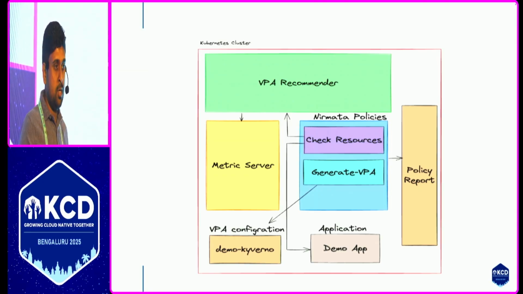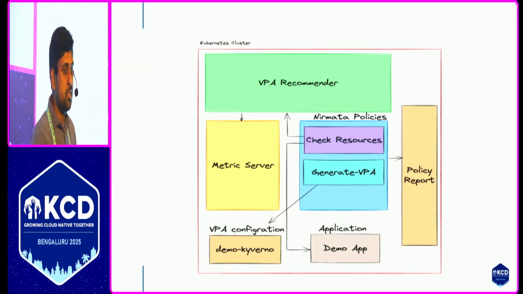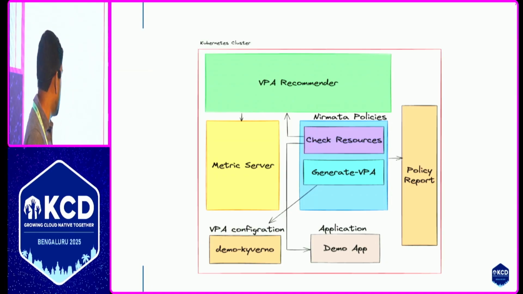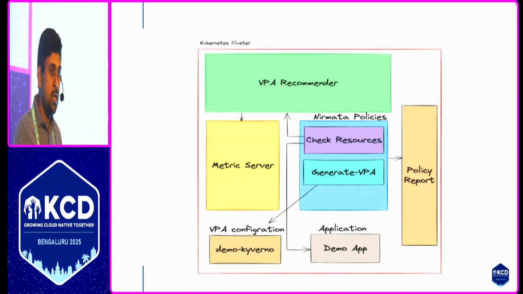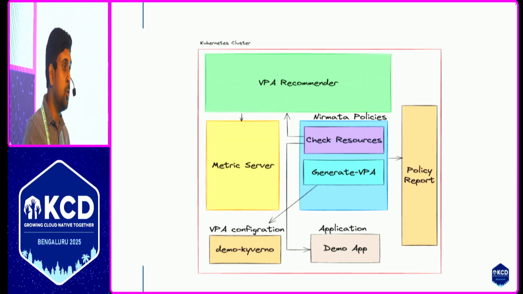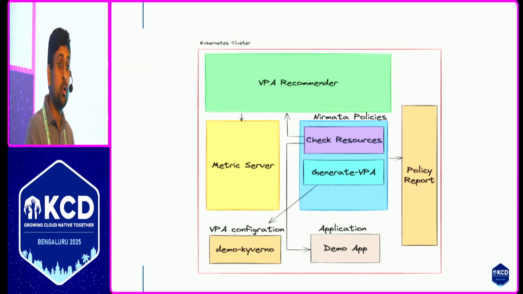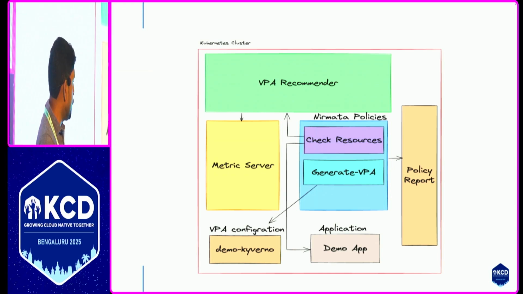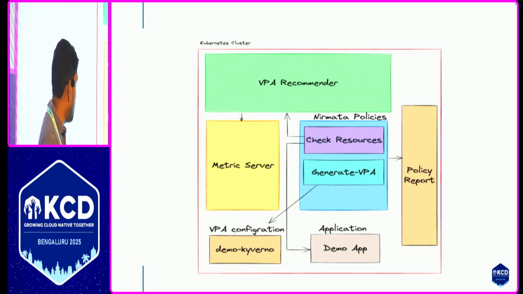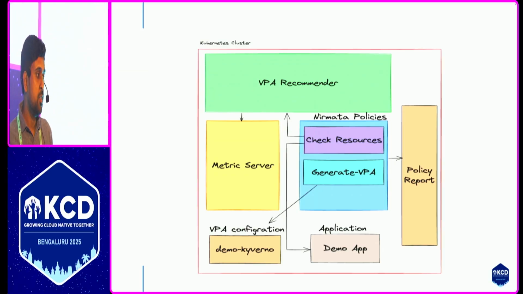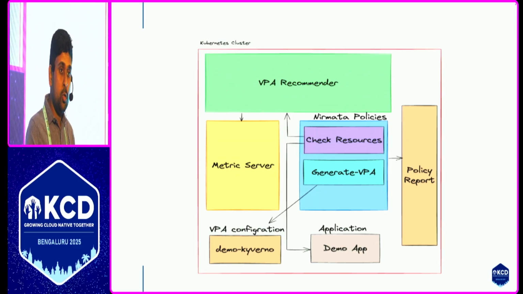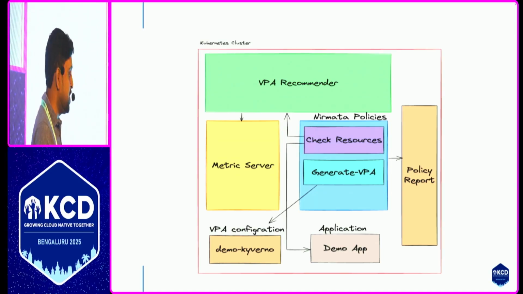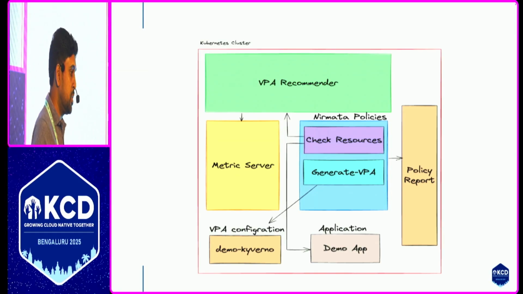With this solution and the beta feature implemented in 1.33, you can have in-place resource updates on the pods. You can even update the CPU and the memory without restarting your pods, right? And that's where this whole solution becomes very powerful. And then you can use other solutions like KEDA and Karpenter to automatically right size the worker nodes on which it is being provisioned.